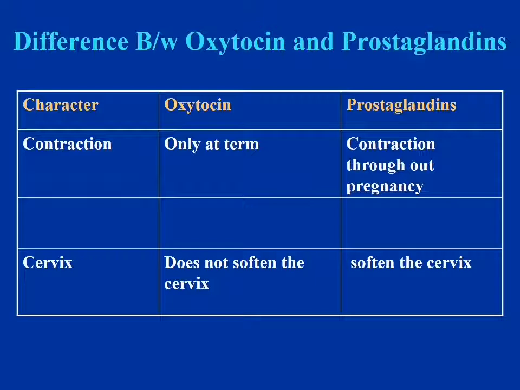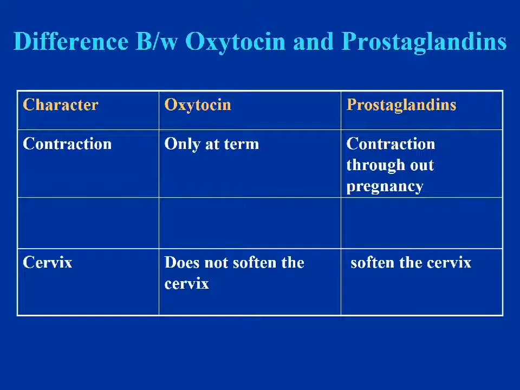Concerning contractions, oxytocin works only at term, while prostaglandin causes contractions throughout pregnancy. Why only at term? Because the cervix is soft. Unlike prostaglandin, which can be used whether the cervix is soft or hard.